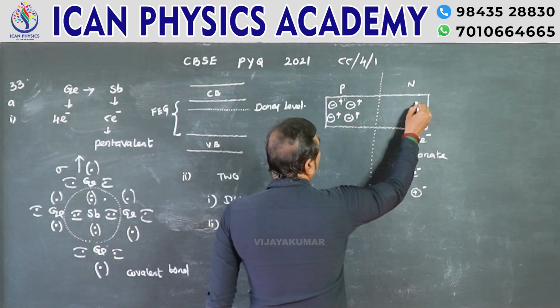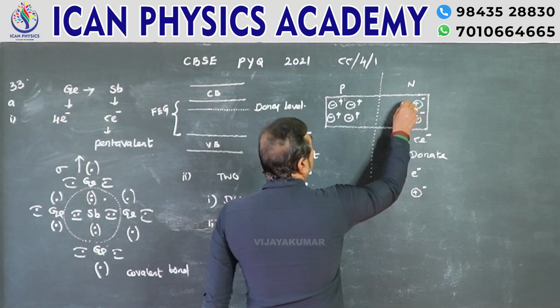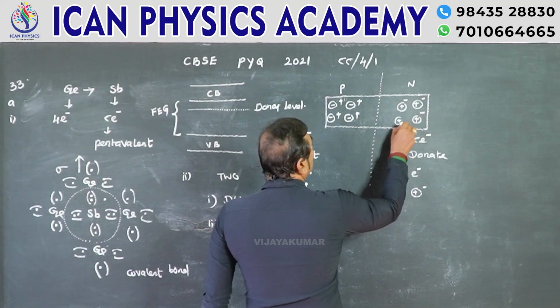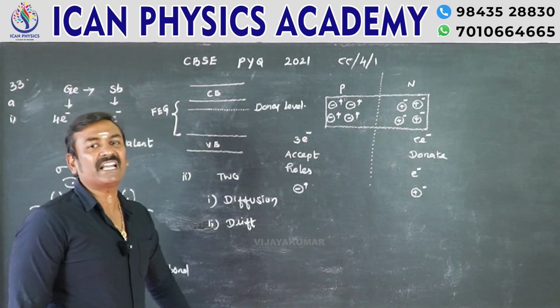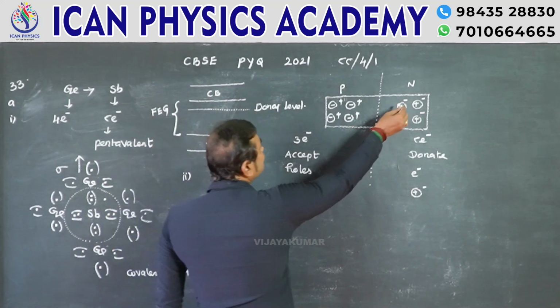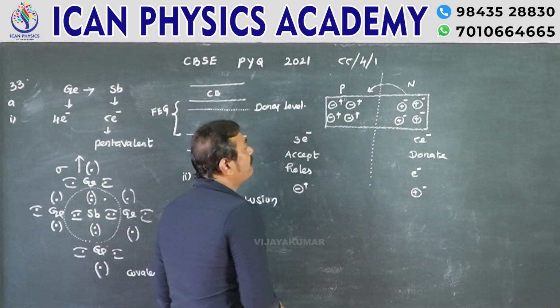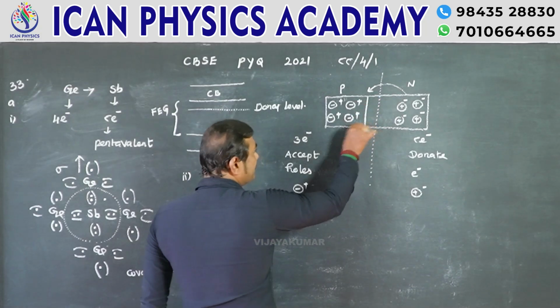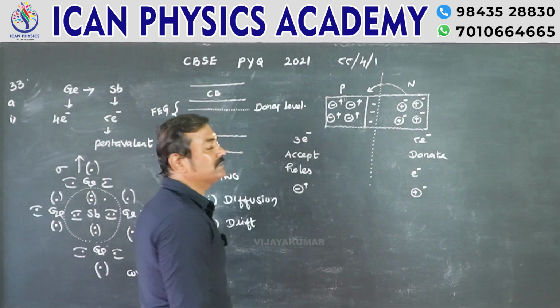Now, due to the majority charge carrier concentration, the electrons from the N region cross the junction, enter into the P region, and form a region closer to the junction with negative ions.